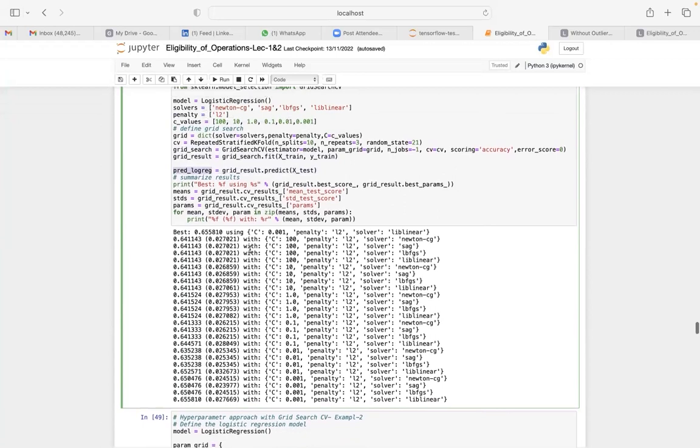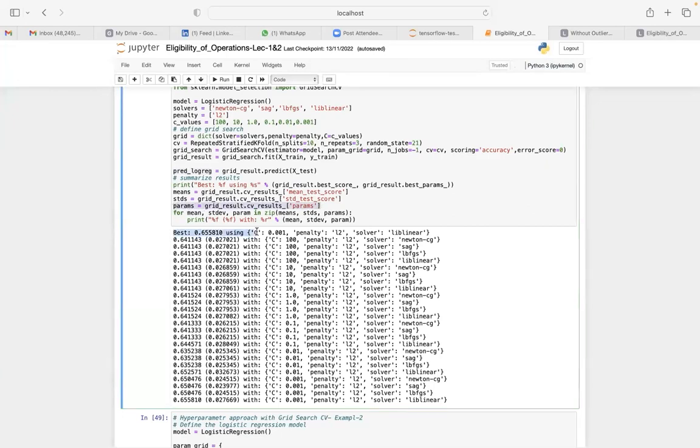And your grid search CV result will find out the best parameter for you as well. Okay, so that's why you can see here it is written best. As you can see here, best is printed, and the best score that it is getting from grid result is printed over here. Okay.